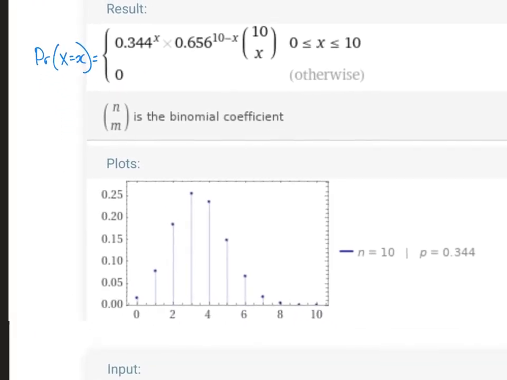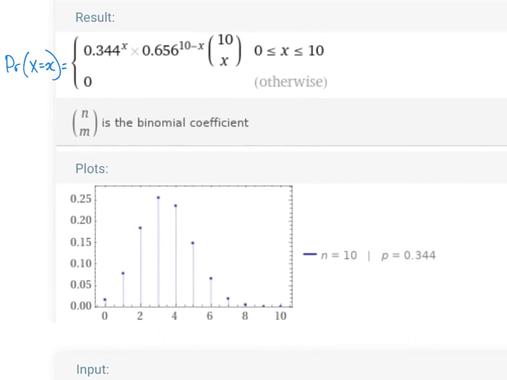So what we're looking at is if we've had 10 shots, we would expect 34% of that, 10 times 0.344, we would expect 3.4 of those shots to go in. So on our probability distribution function over here, our expected value is at this point on our x-axis.